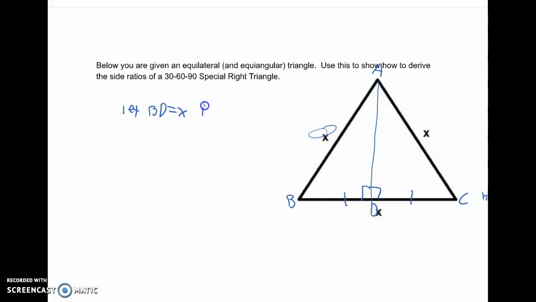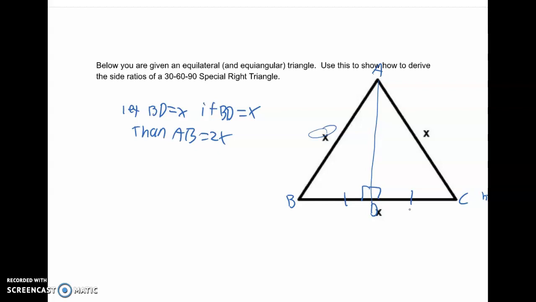And if BD equals x, then AB equals 2x. And this is because if we know that in the beginning all three of these sides are equal, and if there's a perpendicular bisector and it breaks it into two even parts, then BD is 1/2 of what AB would be. So that's why we can say AB equals 2x.